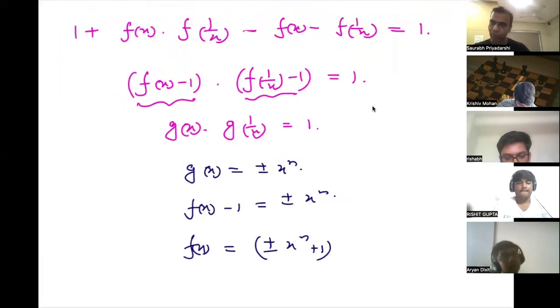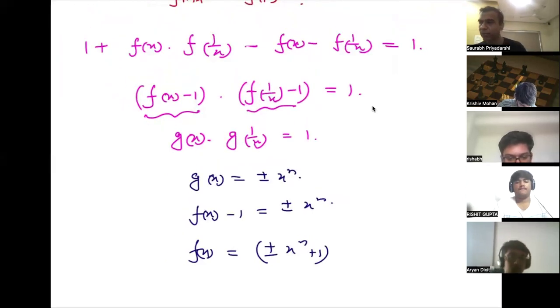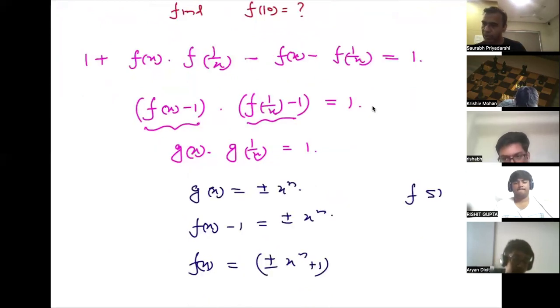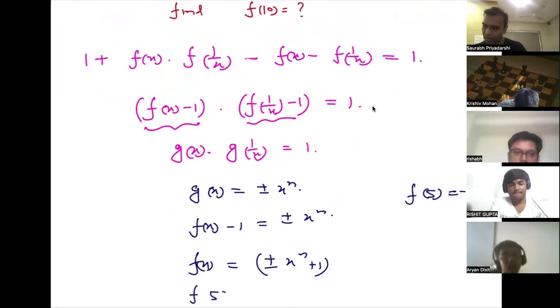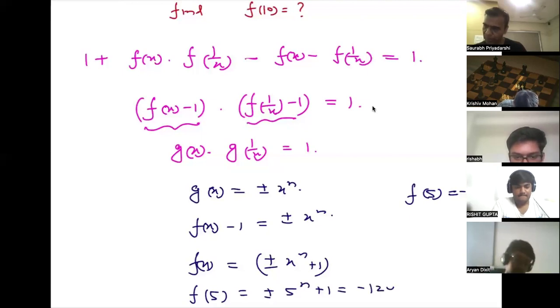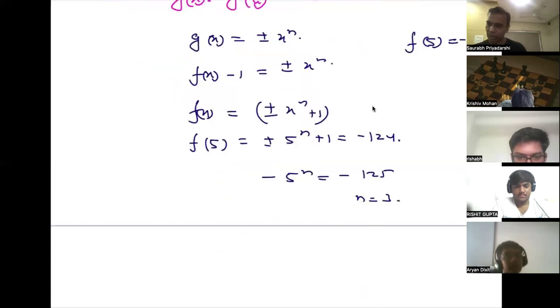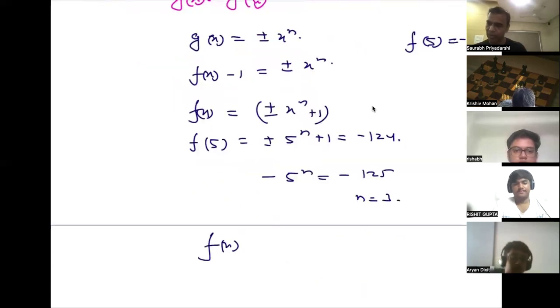But we know that f5 was given as minus 124. If I compare this with f5 equal to minus 124, this is minus 5 to the power n is equal to minus 125. So n is equal to 3, and that will contain the minus sign. So fx is the function minus x cube plus 1.